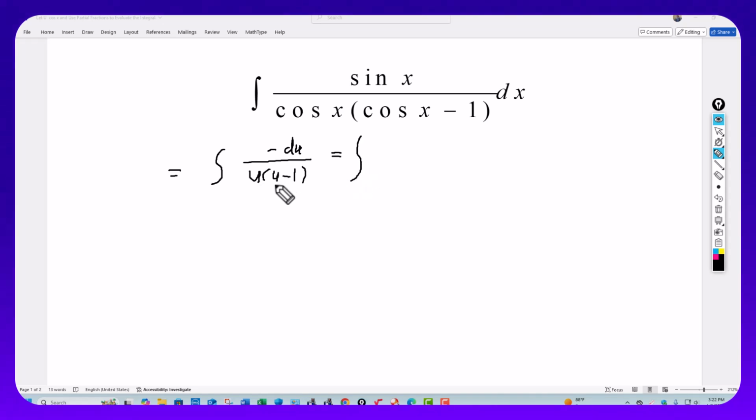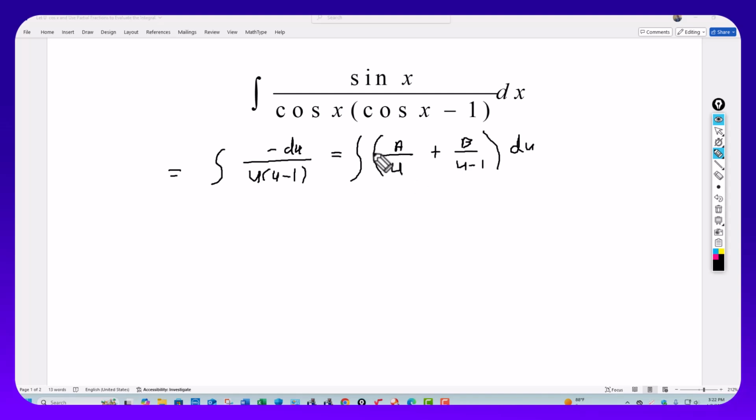We have two linear factors, u to the first and u minus 1 to the first, each a first degree binomial. So we have one constant over the u factor plus a second constant over the other factor, u minus 1. The integration is going to be pretty straightforward because we have linear factors.